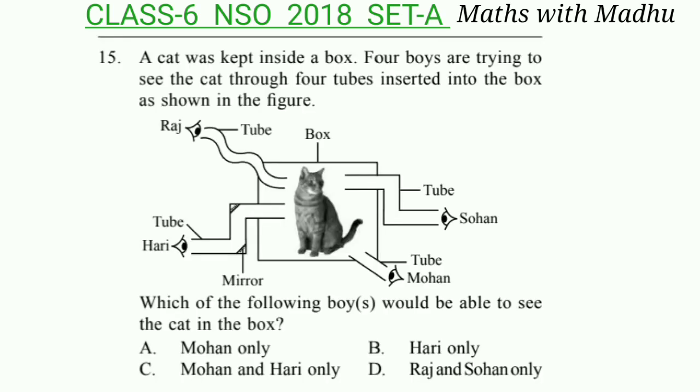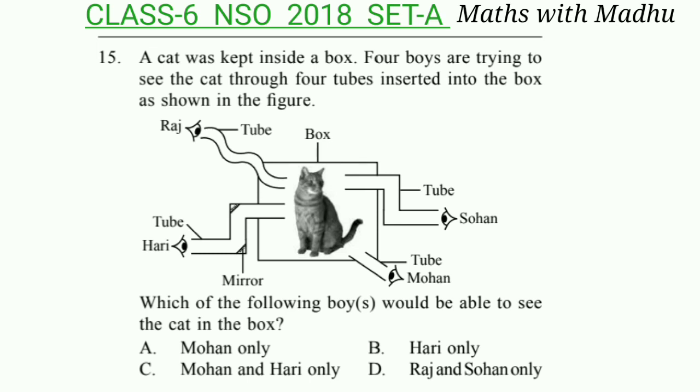Now question number 15. A cat was kept inside a box. 4 boys are trying to see the cat through 4 tubes inserted into the box as shown in the figure. Which of the following boys would be able to see the cat in the box?